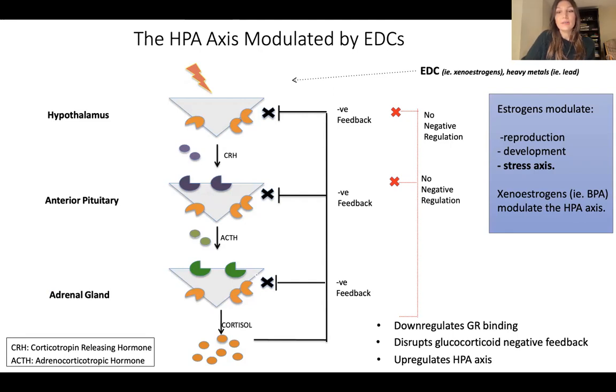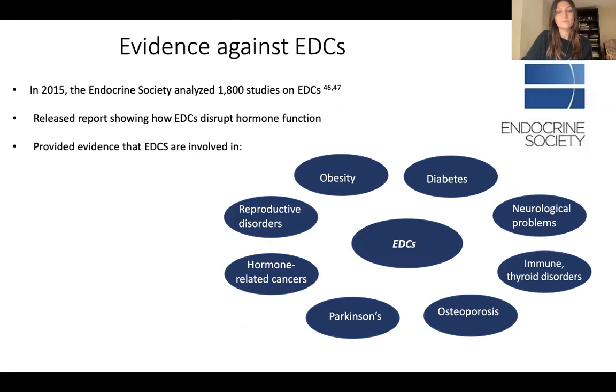And in turn, this will affect negative regulation. So the feedback loop won't turn off properly. And as a result, we'll have excessive cortisol secreted and circulating throughout the body. So ultimately, this will result in downregulation of glucocorticoid receptors, downregulation of their binding, disruption of negative feedback, and ultimate upregulation of the stress axis pathway.